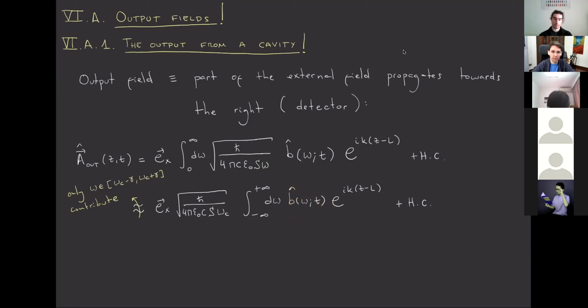Let me remind you that when we formally integrate the equation of the environment in the Heisenberg picture, what we get is that b of omega t is equal to the Heisenberg operators at time 0, multiplied by their free evolution, and then the part of the interaction with the cavity, which we can write like this: integral dt prime, a of t prime, e to the minus i omega t minus t prime.